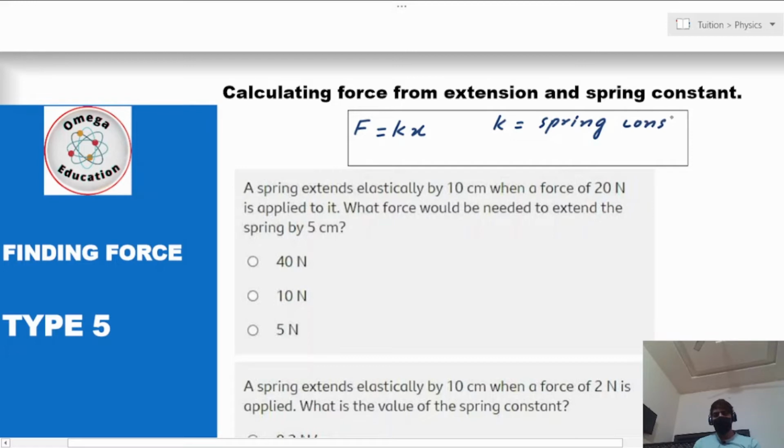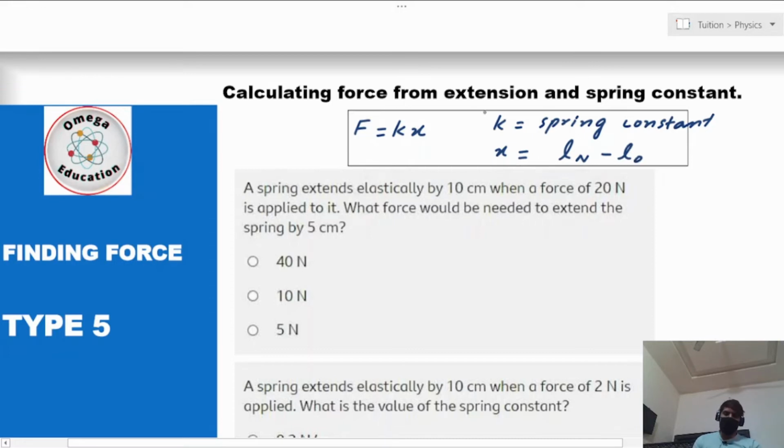So spring constant basically tells you how hard or how soft your spring is. The bigger the value of K, the harder the spring is. The smaller the value of K, the softer the spring is. X here stands for extension, and that equals the new length, the total length after the extension, minus the original length.